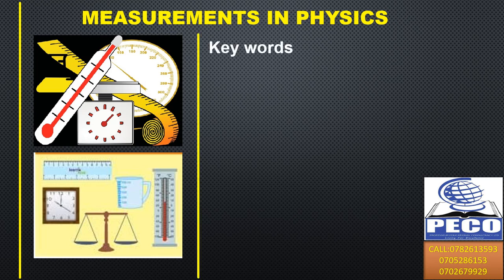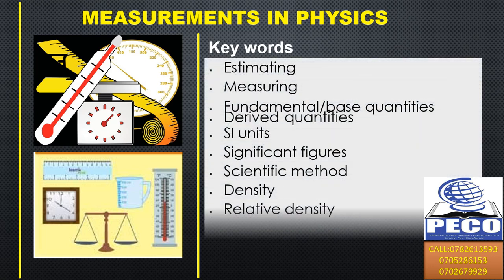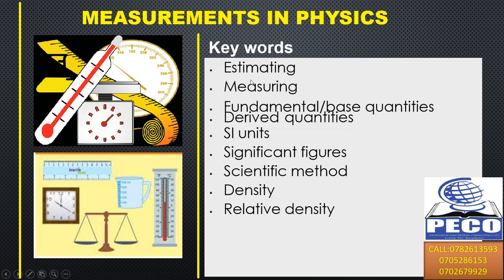You are expected to understand some keywords which are going to be used in this topic of measurements. These are some of the keywords you shall have. Estimating will be a word often used in measurements.